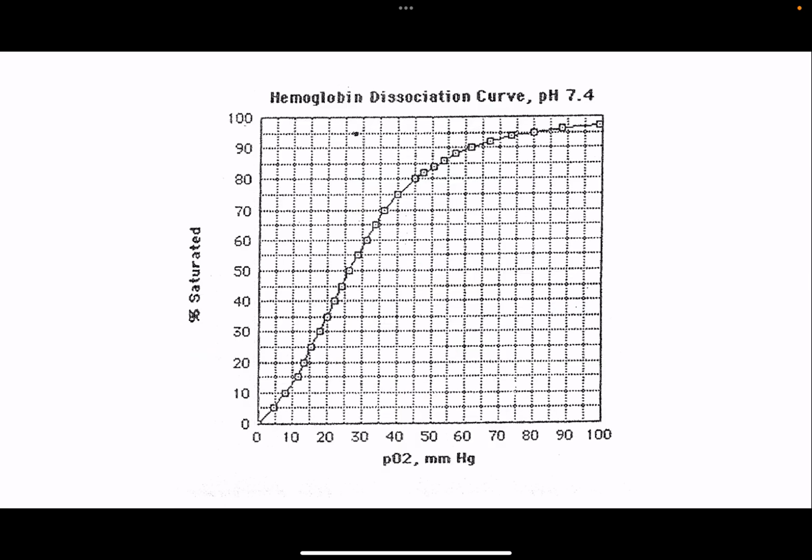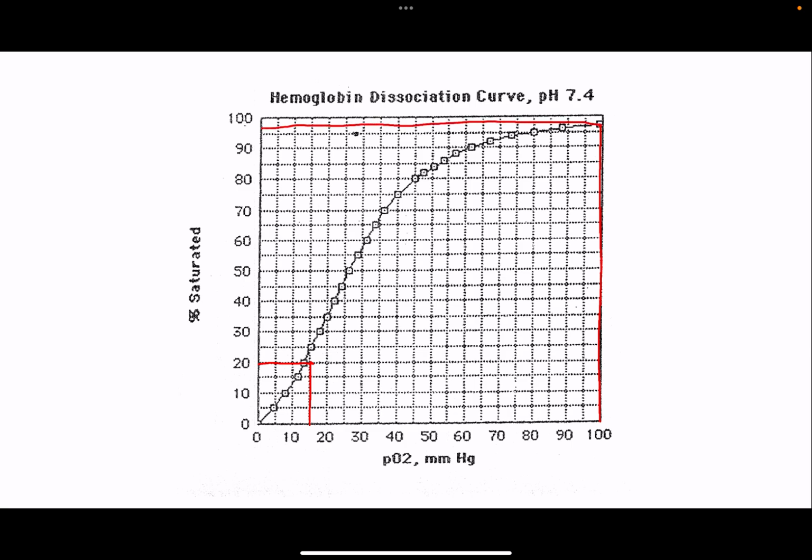And so we're going to come back to this diagram here. So at 15 millimeters of mercury, that's only about 25% saturation, and you need to get all the way to 100, which is 98% saturation.